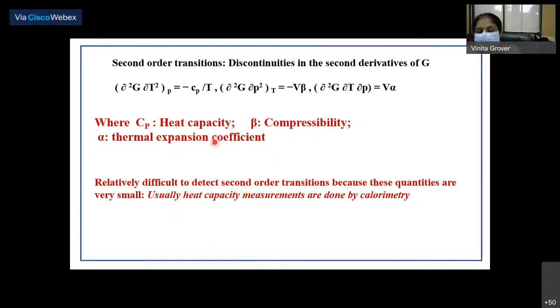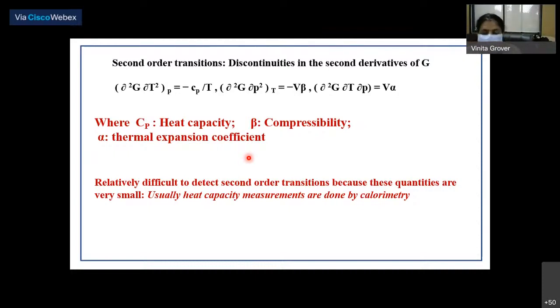Thermal expansion coefficient, I'll give you an idea. For normal nuclear materials it is of the order of 10 raised to the power minus 6 per degree. That is, for every degree, it will expand by 10 raised to the power minus 6 of its length. So this is how small they are. Obviously, then they are difficult to measure, right?